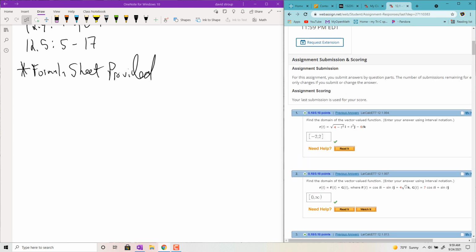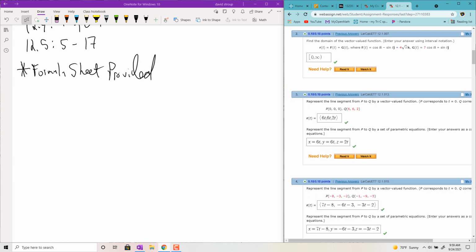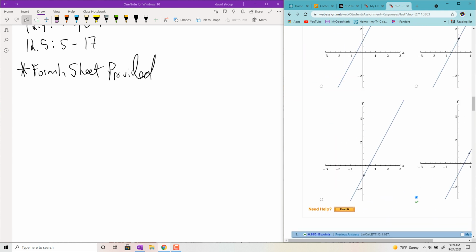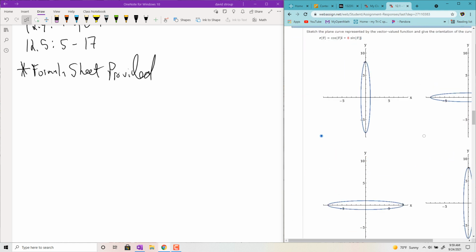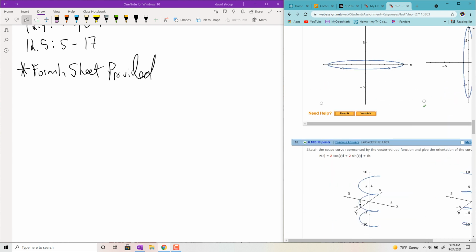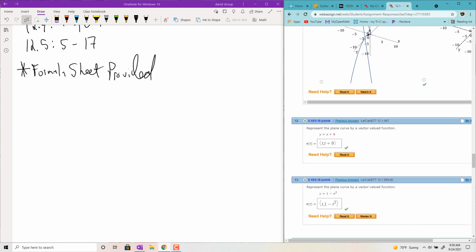So 12.1 is when we introduced vector valued functions. So you're dealing with forming vector valued functions. I probably won't have you plot anything drastic. In the plane, maybe, I'd have to think about that. No space curves. I'm not going to have you plot something in space. That'd be ridiculous.